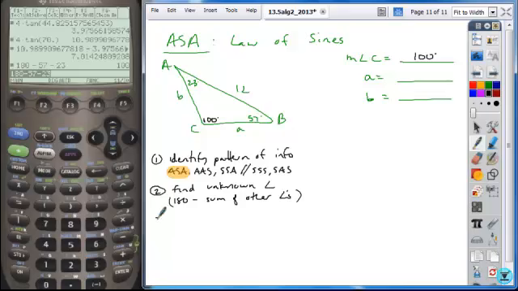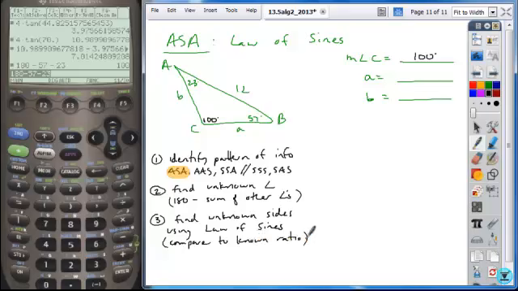Once you find that missing angle, what you can then do is find each of the remaining sides using the law of sines. And you're simply going to compare to the known ratio.